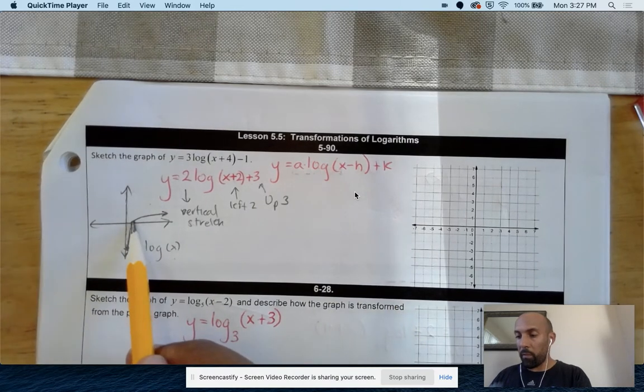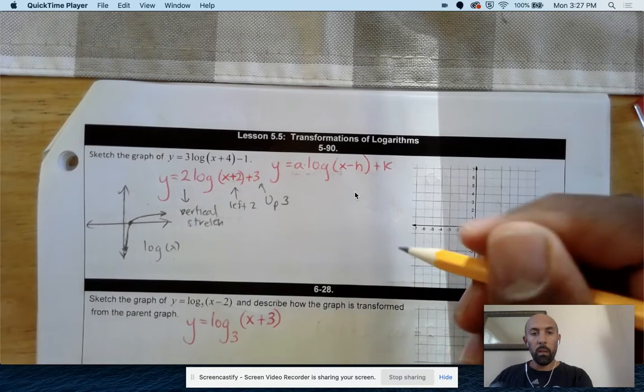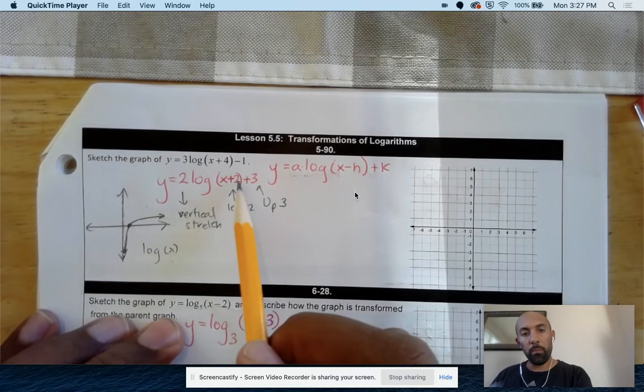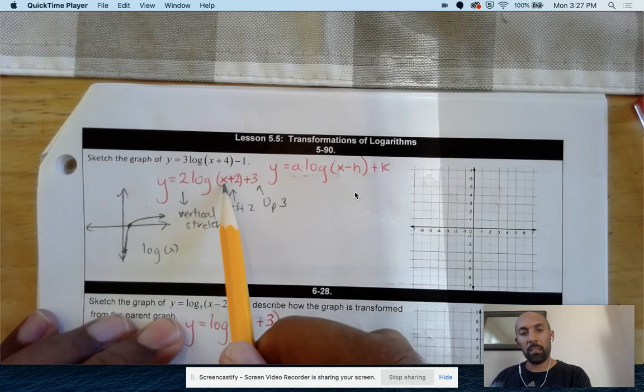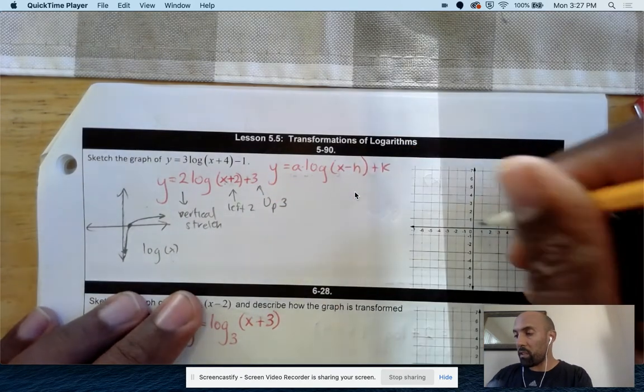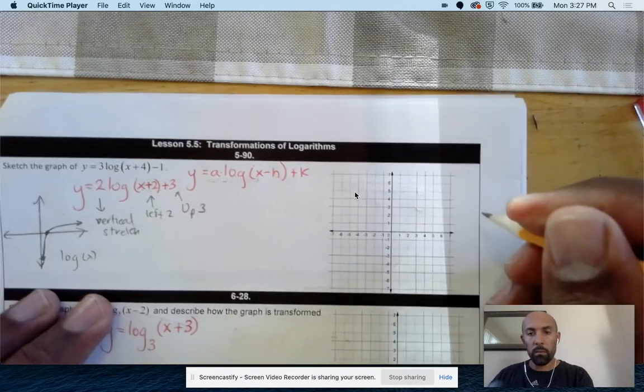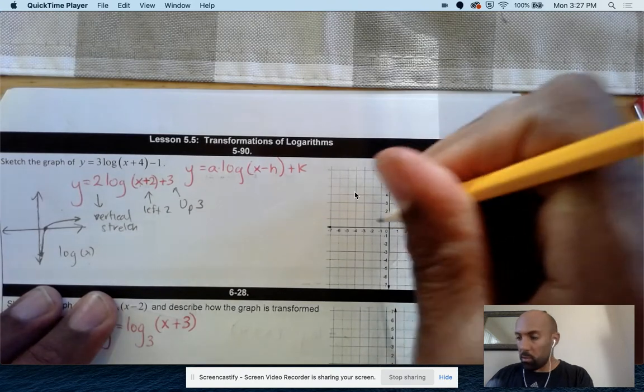Okay, so focusing on the asymptote, it comes from that value right there, because basically this whole thing cannot equal 0. So -2 is the asymptote.